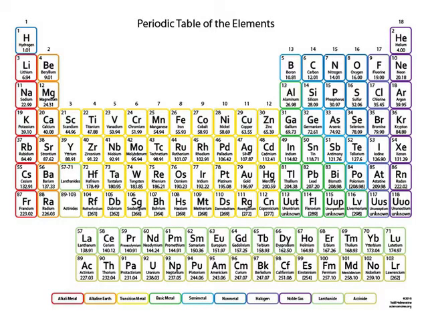Here's just a pretty basic periodic table, and this table here categorizes all of the elements that we have here on Earth. Some of them occur naturally, and some of them are radioactive and can only be made within a lab.